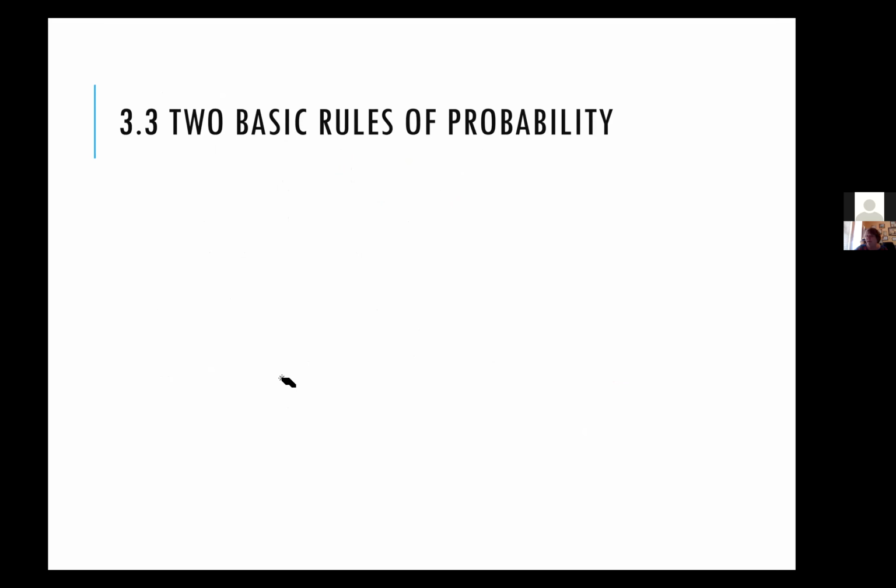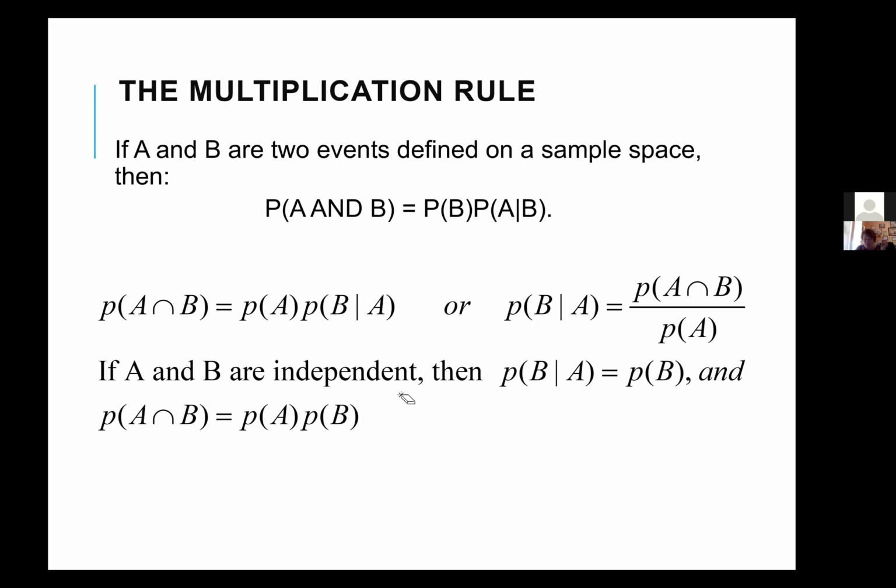All right, so this leads us to the 2 basic rules of probability. The first rule is called the multiplication rule.